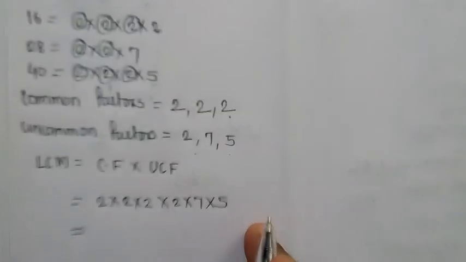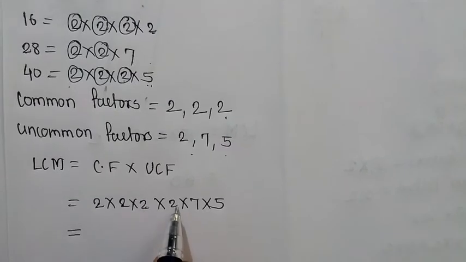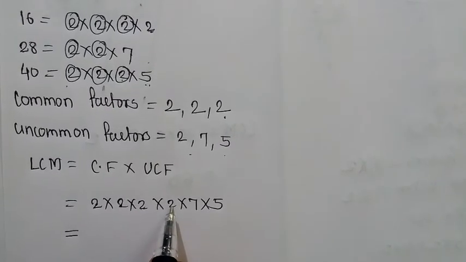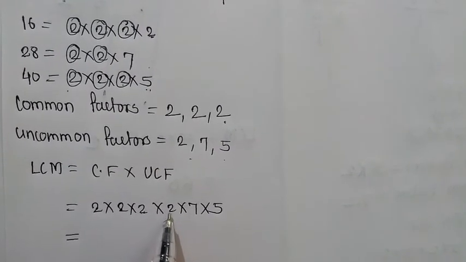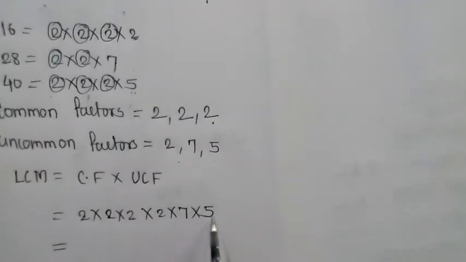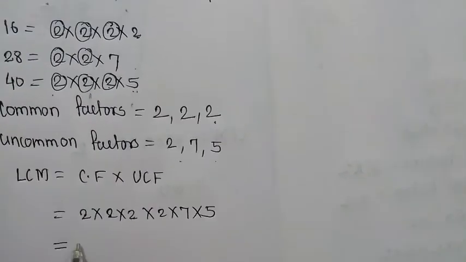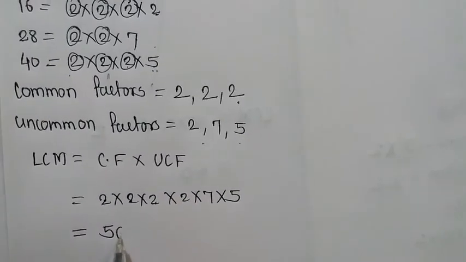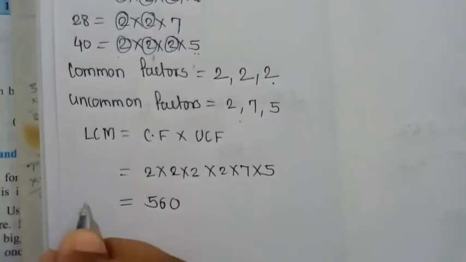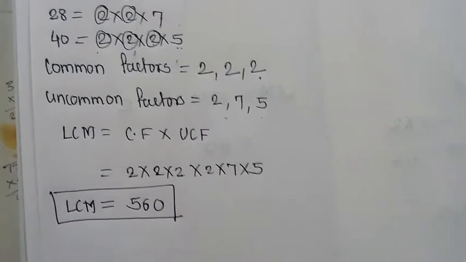So the multiplication of all these numbers is 2 twos are 4, 4 twos are 8, 8 twos are 16, 16 fives are 80 and 80 sevens are 560. So the multiplication is 560 and this is LCM. So this is the answer to our question.